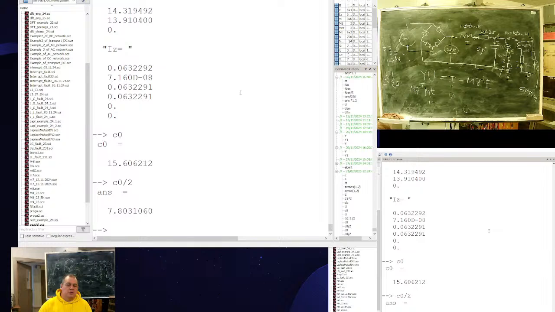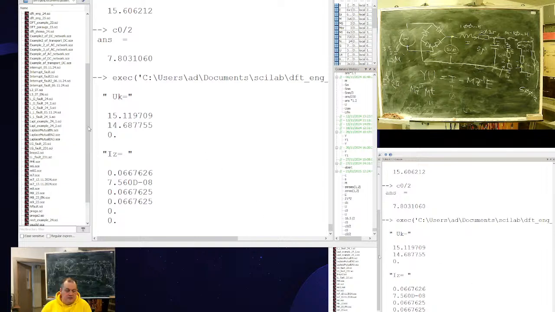Direct voltage drop. Minus 1.2. Will I get correct forever? Yeah.